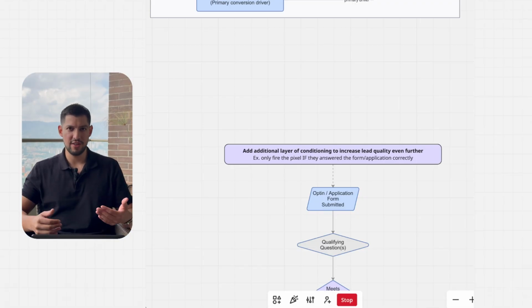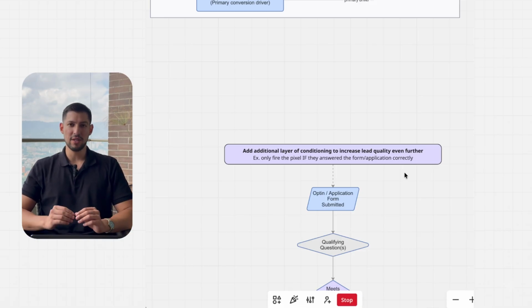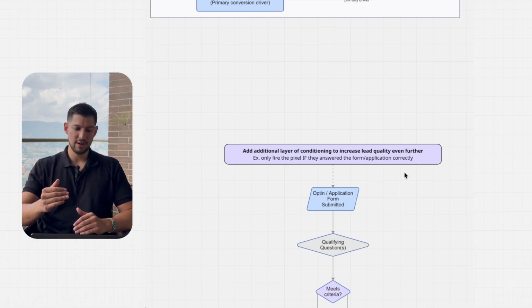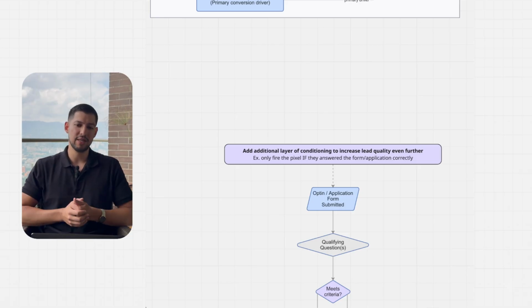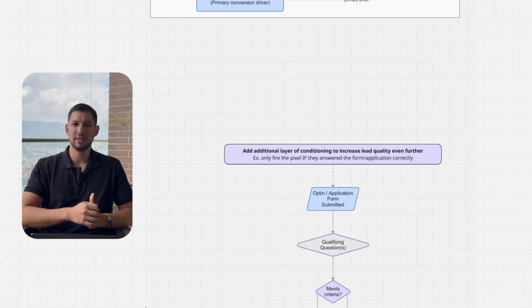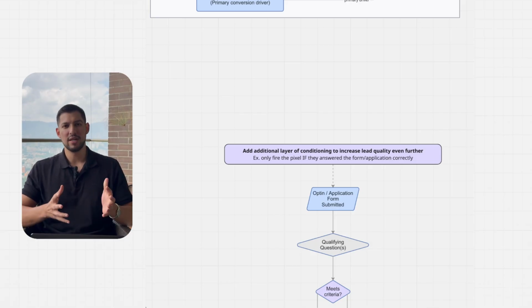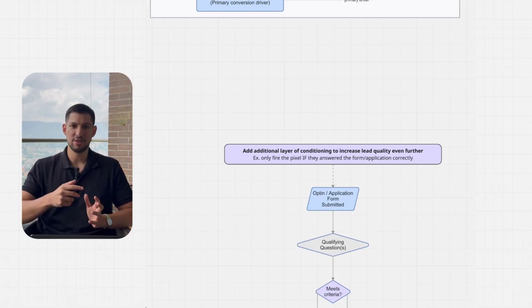There's an additional layer that you can also bring into the fold, which will help you increase your lead quality even further. And that's to only fire the pixel when the lead is qualified based on the response. So if you have a form where to opt in is just name and email, or name, email, and phone number, and that's it, you don't really have an idea if that was a good lead or not, right? But if you add just one multiple choice question, for example, if I'm running ads and I'm saying, hey, are you a coach making more than 15K a month? Yes or no?